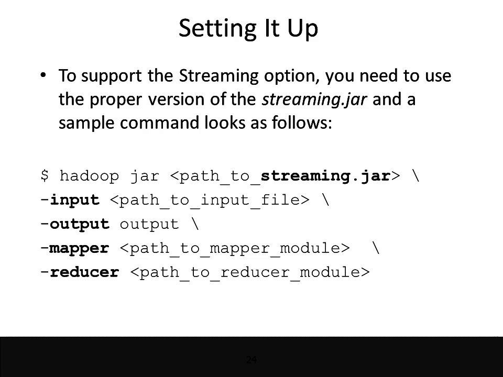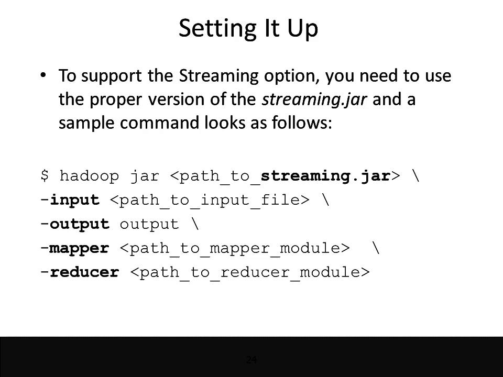Now, what's actually going on to make this happen is a little bit technical, and I raise this because I want to illustrate how relatively easy it is to set up. All we have to do to make this actually happen is invoke Hadoop. We specify that it's to use, technically, the streaming jar. It's a library of functionality. And we give it parameters.